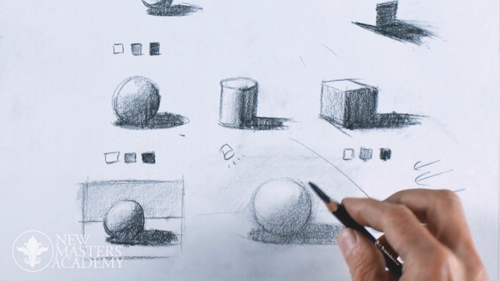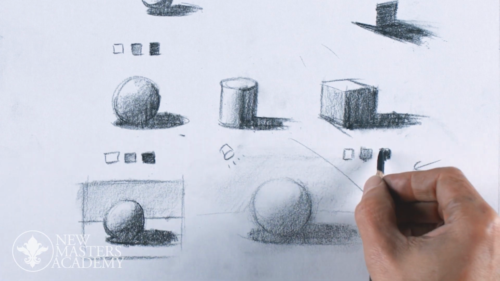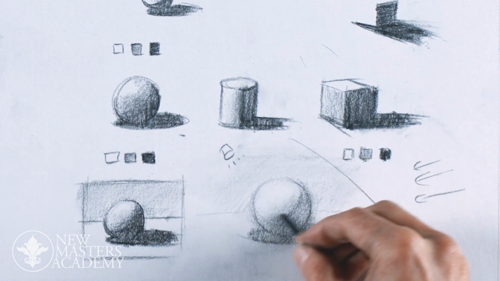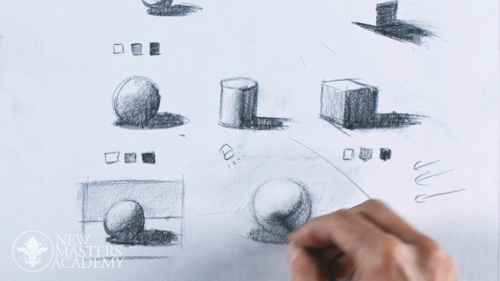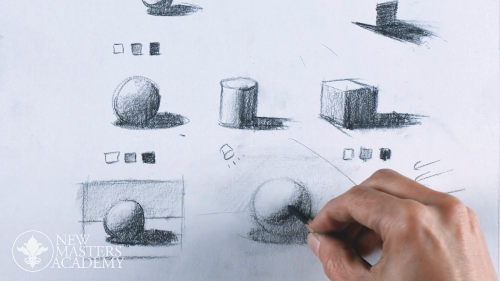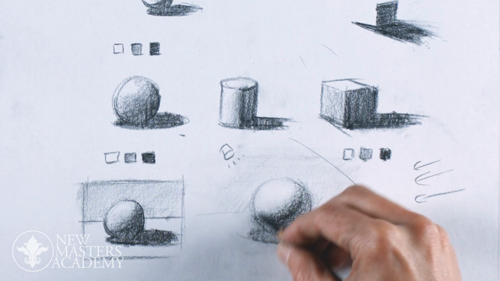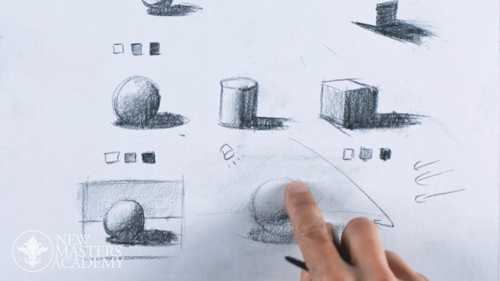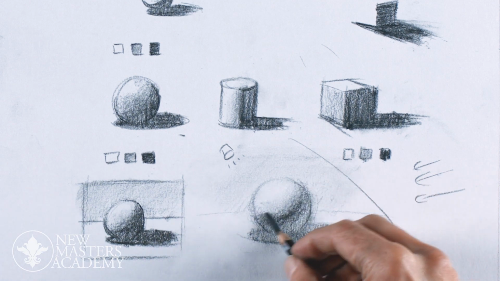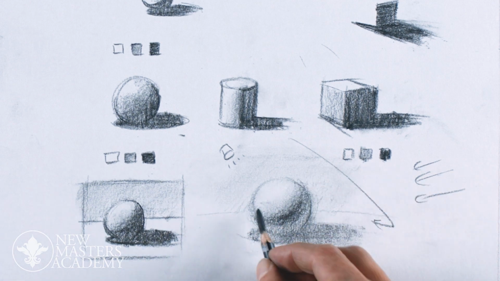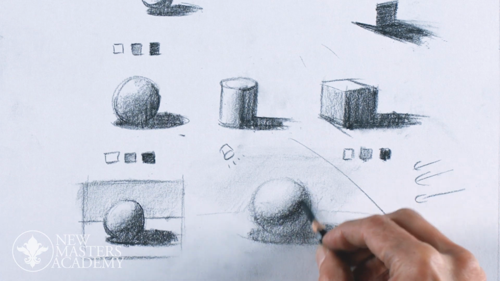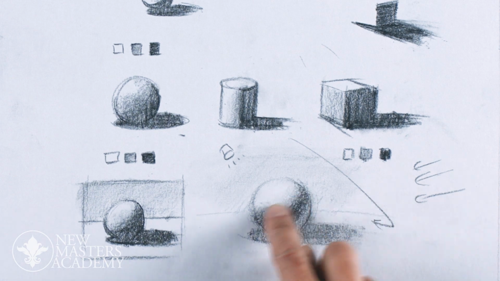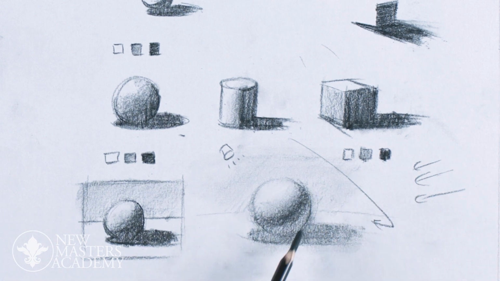So I propose that a better strategy would be to take our darker value and simply apply it to the core shadows. You see that? What that does is create the illusion of bounce light.